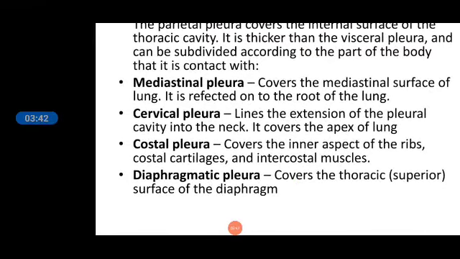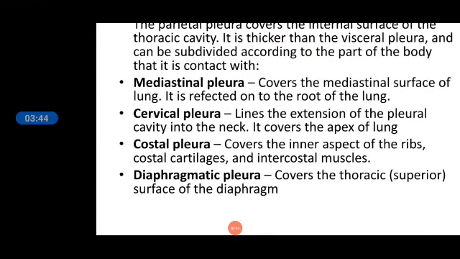We can divide it into 4: mediastinal pleura, cervical pleura, costal pleura, and diaphragmatic pleura. The mediastinal pleura covers the mediastinal surface of the lungs, and it is reflected onto the root of the lungs.